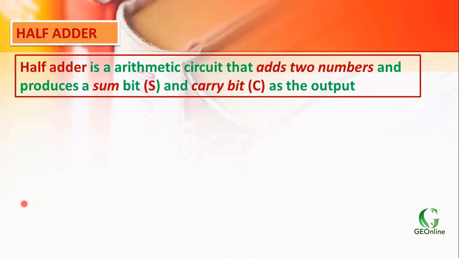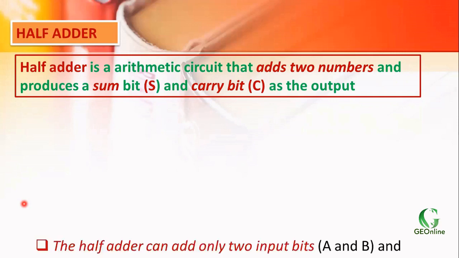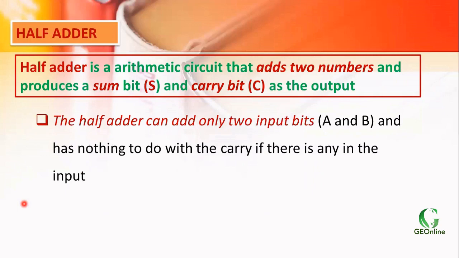Therefore, a half adder is an arithmetic circuit that adds two numbers and produces a sum bit S and a carry bit C as the output. But there is a major disadvantage to this half adder. The half adder can add only two input bits A and B and has nothing to do with the carry, if there is any, in the input.